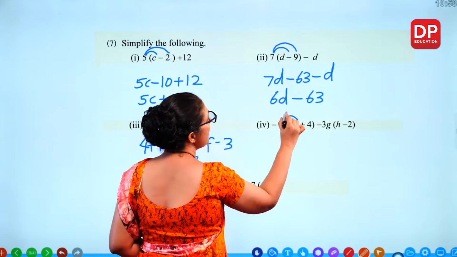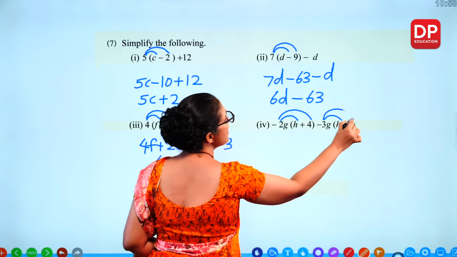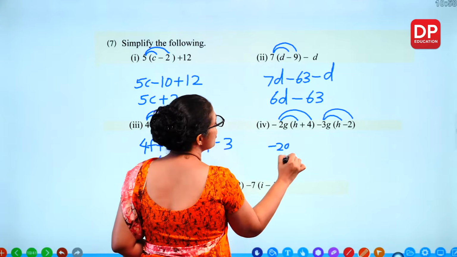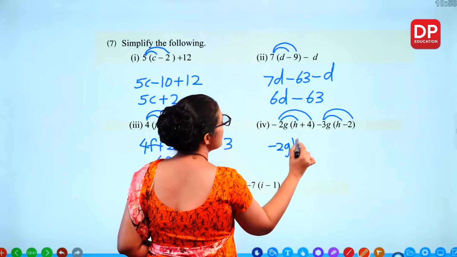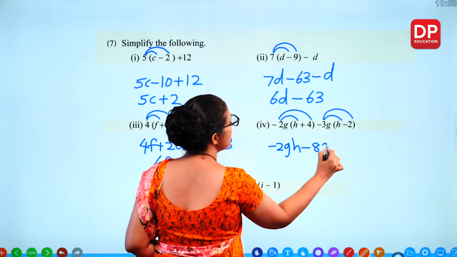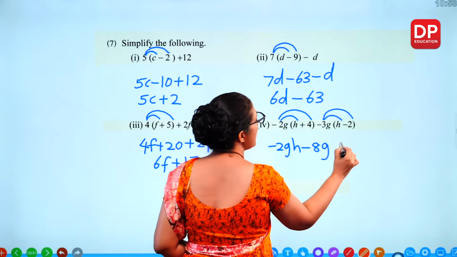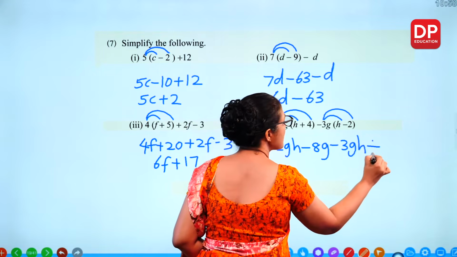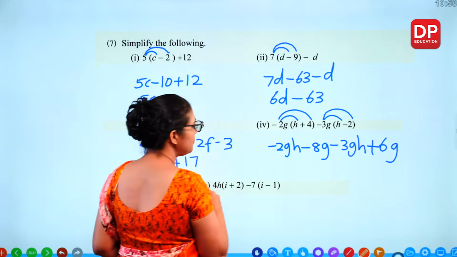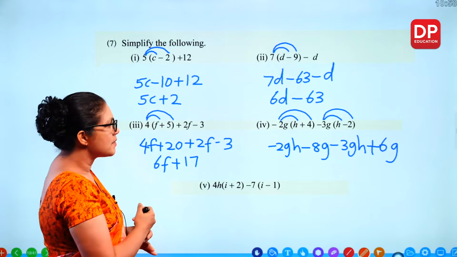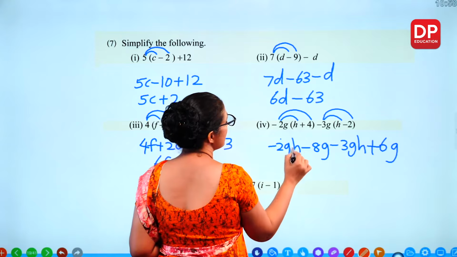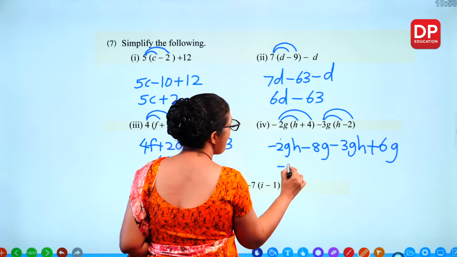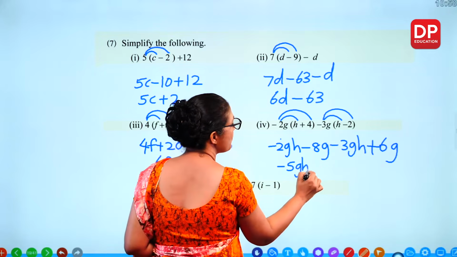This one multiply separately and here separately. Minus 2gh and here 4 times 2, 8 minus 8g. Minus 3gh and minus minus becomes plus 6g. Are there any like terms? This and this. Minus 2gh minus 3gh means minus 5gh.